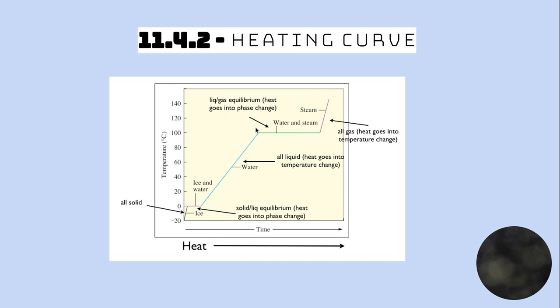When adding heat, if you look at the heating curve, the only time the heat increases the temperature is when it's increasing the average kinetic energy of the molecules in a single phase. When heat is involved in a phase change, the net particle motion isn't changing because the system is in equilibrium between two phases, if that makes sense.